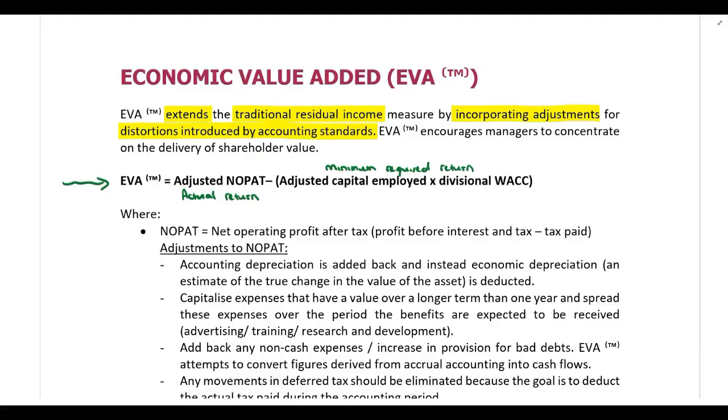So managers focus on the short term and they don't necessarily make decisions that are in the best interest of the company in the long term. Now, economic value added is trying to overcome this disadvantage. And what EVA is trying to do is encourage managers to concentrate on the delivery of shareholder value. In other words, we are trying to rather focus on what is in the best interest of the company in the long term instead of the short-term focus.